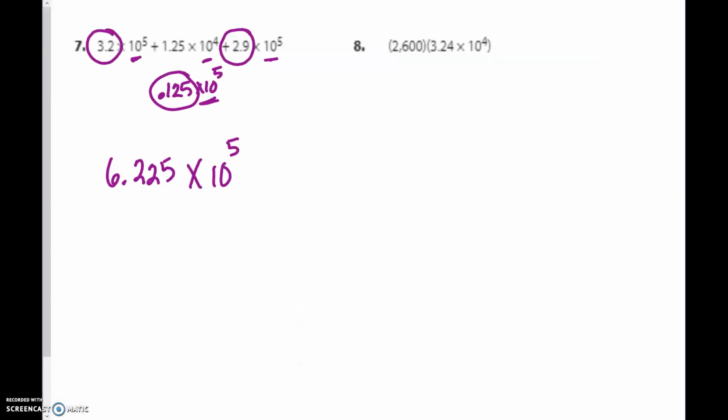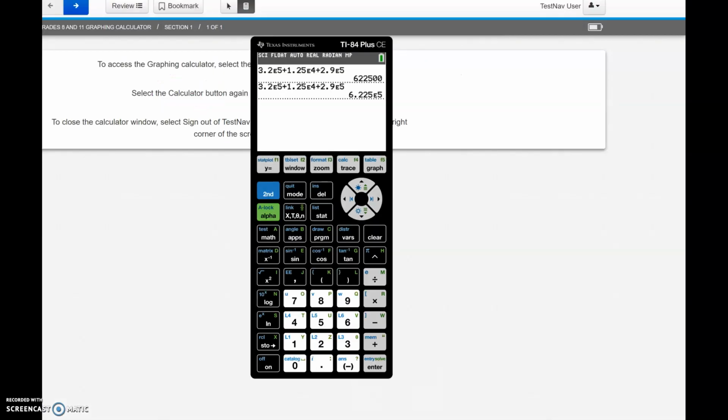All right, so here we have another one, and we can do this one again on your calculator. They want this final answer in scientific notation. So let's go back to that calculator, and the first thing that they were putting in is 2600.